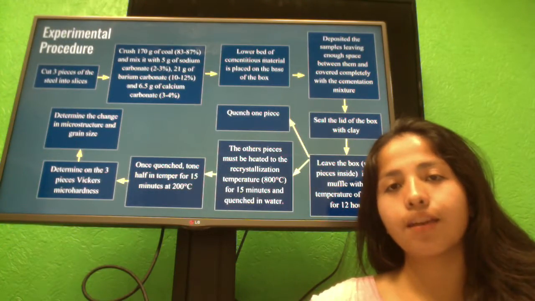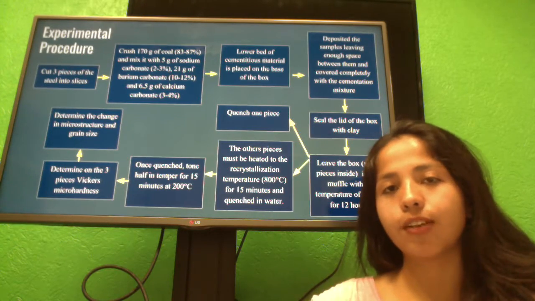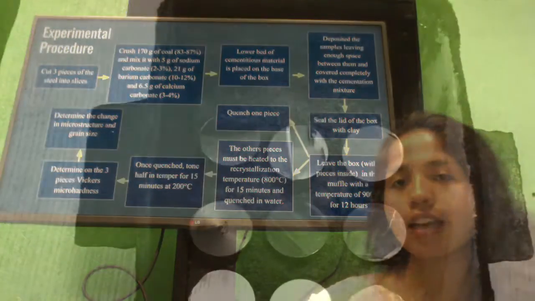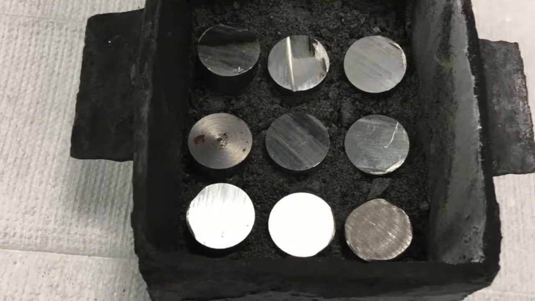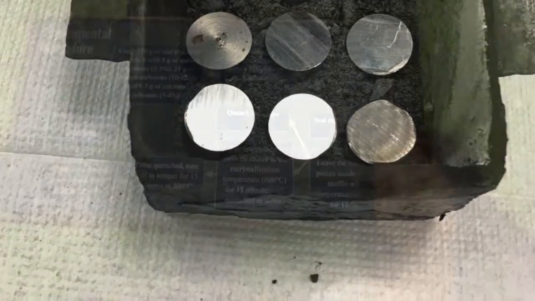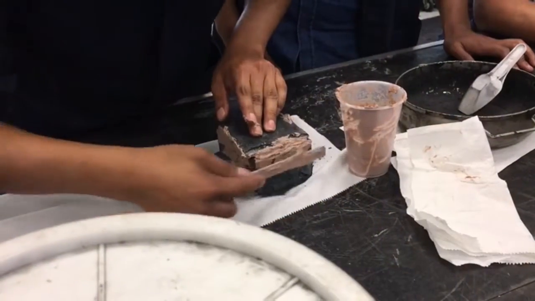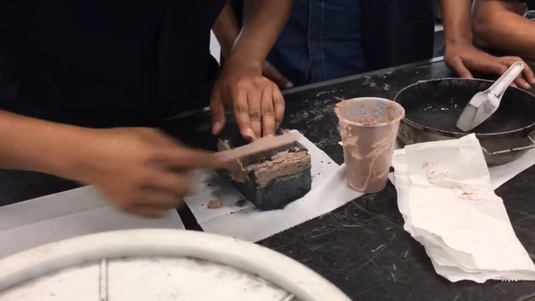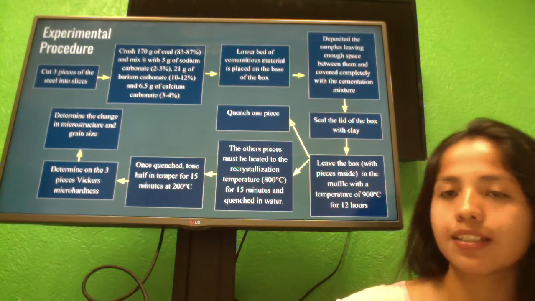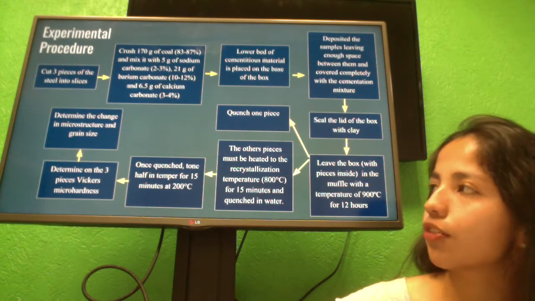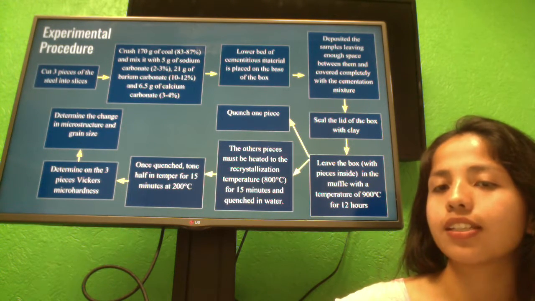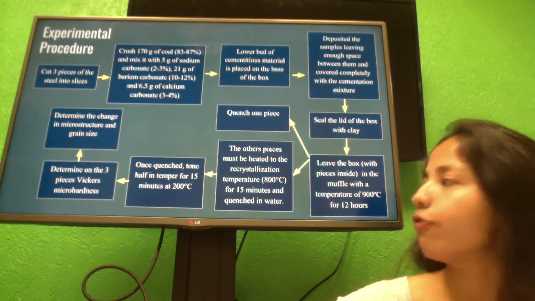Then we put a lower bed of cementation material in the base of the box and introduced the samples, leaving enough space between them and covering completely with the cementation mixture. Then we sealed the lid of the box with clay and left the box in the muffle at a temperature of approximately 900 Celsius degrees for 12 hours.